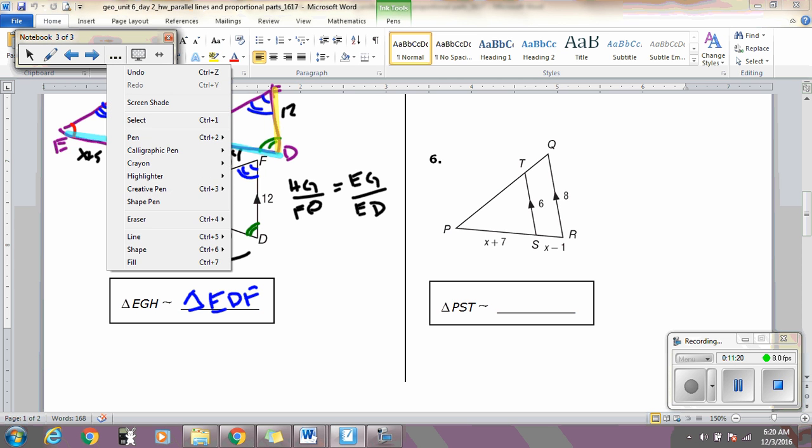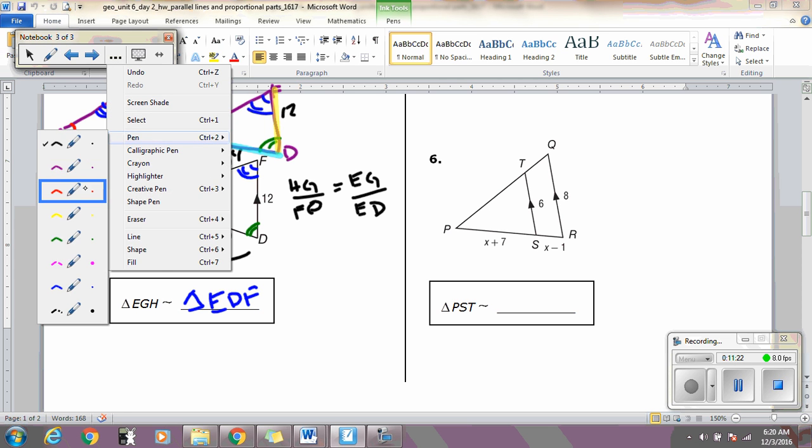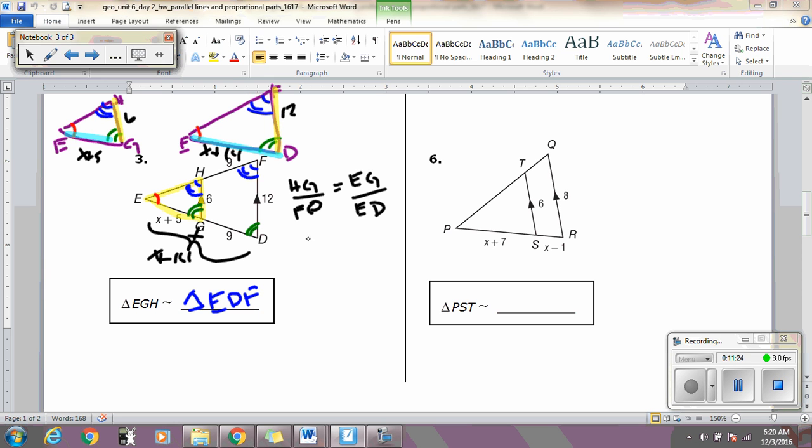So insert the values. HG is 6. FD is 12. EG is X plus 5. And ED is X plus 14. So now we cross multiply.